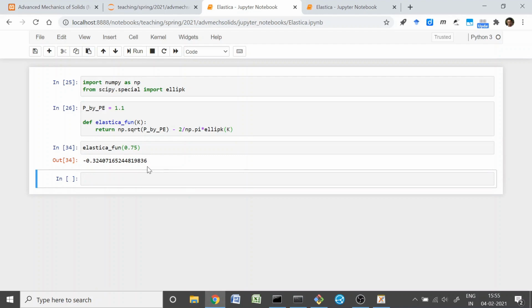So just to get an idea of the behavior of this Elastica function, the kind of values that it takes, perhaps it's not such a bad idea to plot it out.